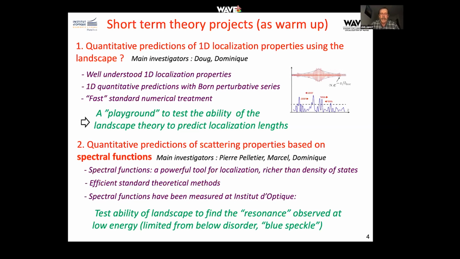And now there is a work in collaboration with Marcel and a PhD student of Marcel and Dominique Delande in order to apply the landscape theory to recover this spectral function. This is a test bed to see how well we can do this kind of calculation about the behavior of ultra-cold atoms using the landscape theory.